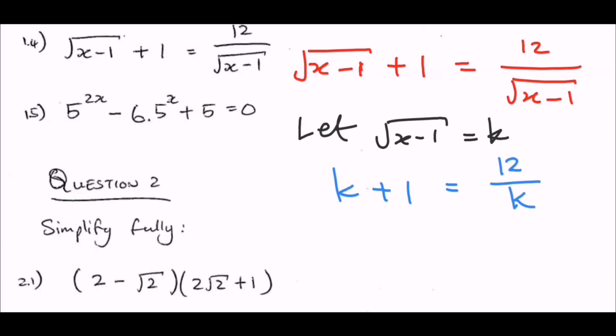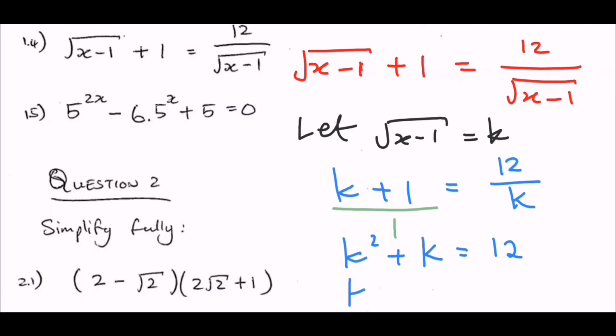Okay. And now I hear what you are saying. So you're saying put this thing over 1 and then cross multiply. Okay. So that gives me k squared plus 1 times k equal to 12. Because we cross multiplied. So there we go, equal to 12.